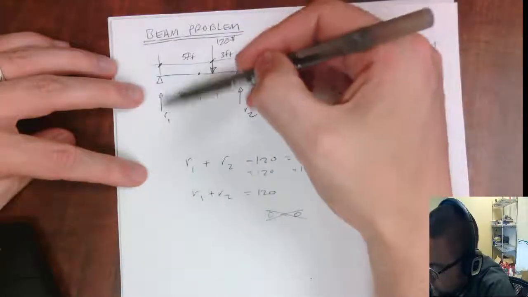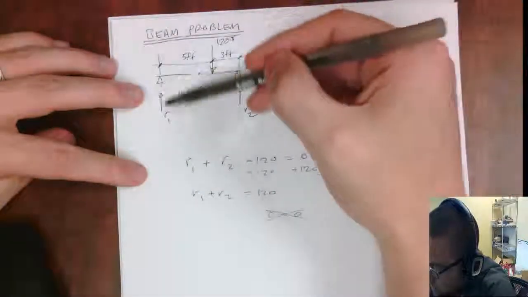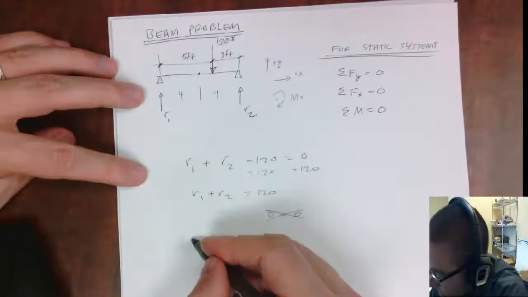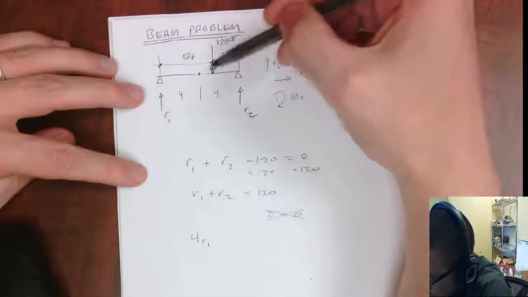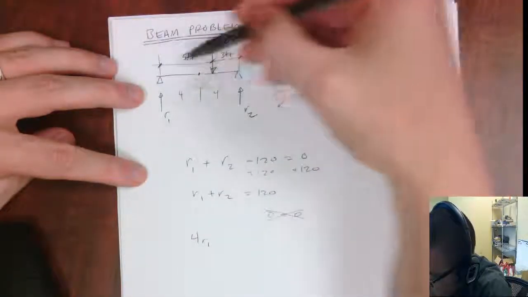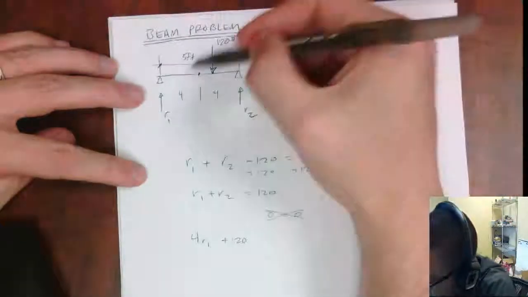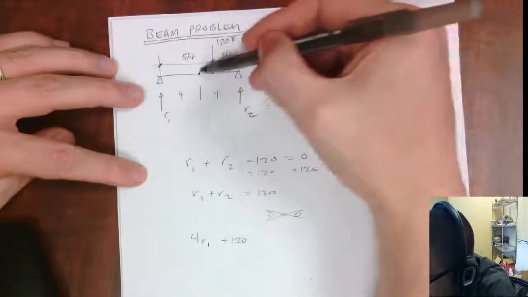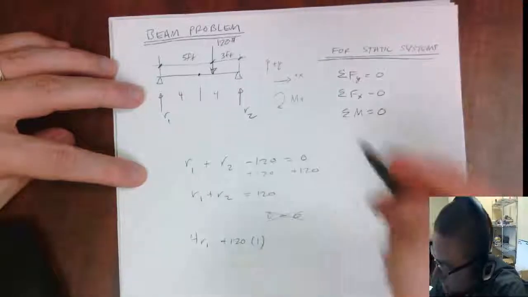In a positive clockwise direction, R1 is rotating it in that direction, right? So R1 times 4 feet. And then this 120 is also rotating it around that point in the positive direction. So plus 120 times, if this is 4 and this is 5, that makes this 1 foot away from that point.